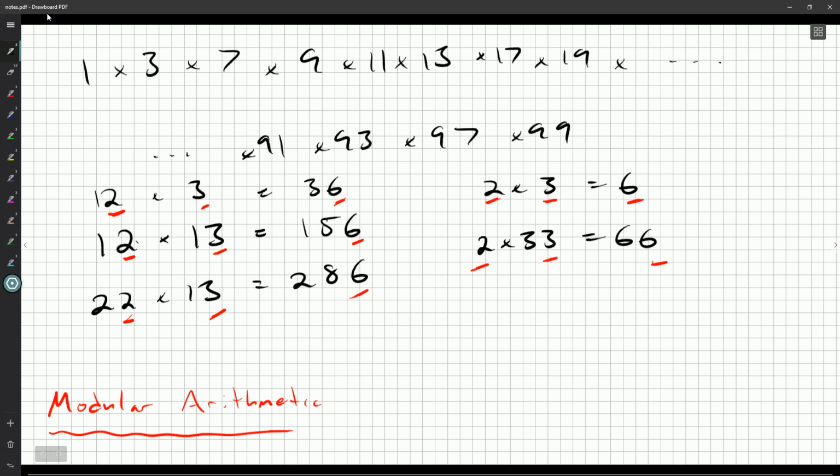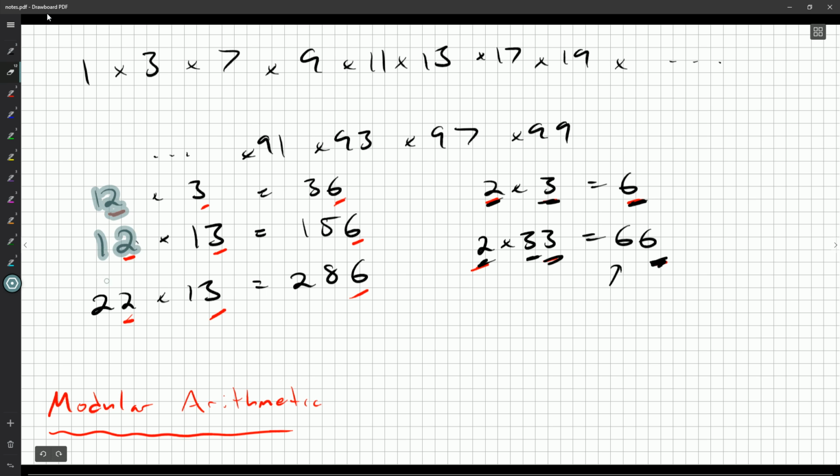But what's really nice when it comes to this sort of stuff is that the units digit of a product is determined only by the units digits of the numbers you're multiplying. So the fact that it was 33 has no bearing on the 6 at the end. It matters for the 60 part of it, but not the 6 at the end. If it ends in 2 and 3, the product's going to end in 6.